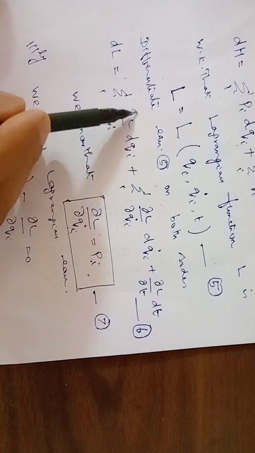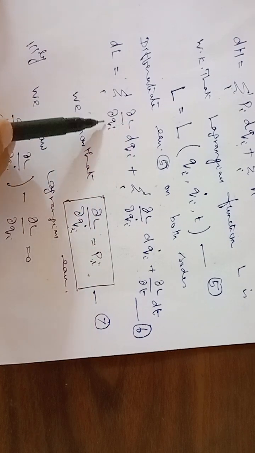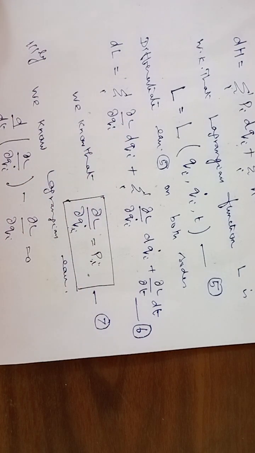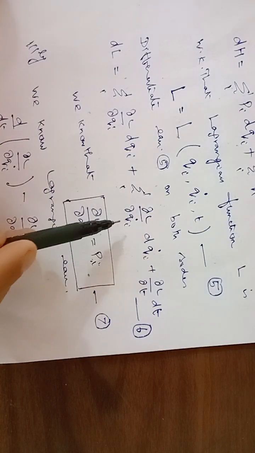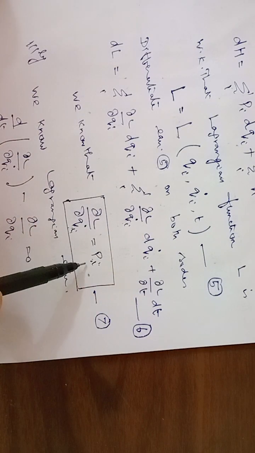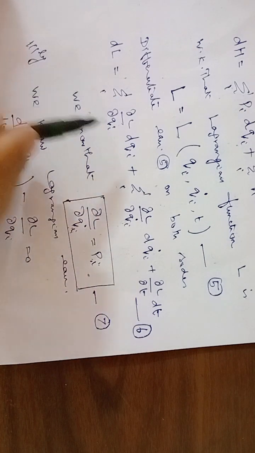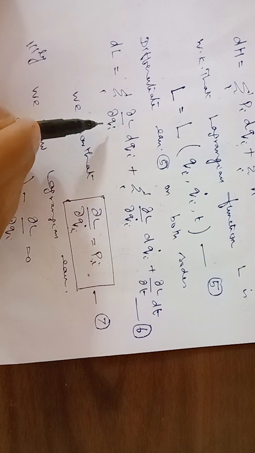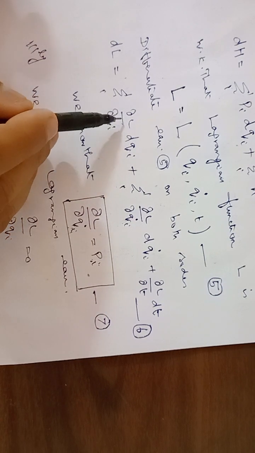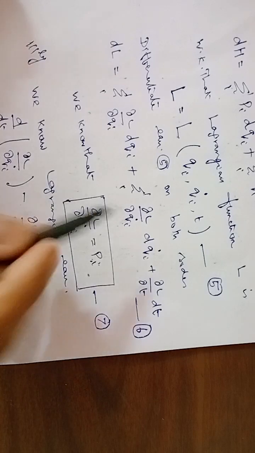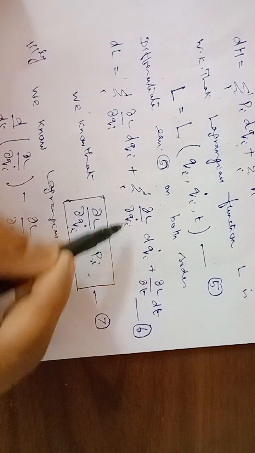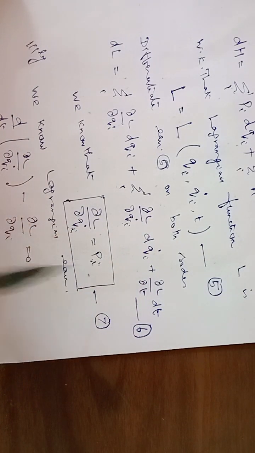Instead of ∂L/∂qi, you substitute pi dot, and in place of ∂L/∂qi dot, you substitute pi. Understand? So in equation 6, you substitute these values.